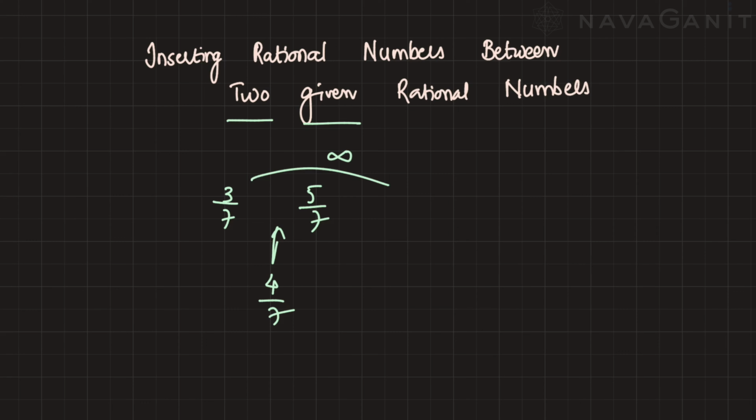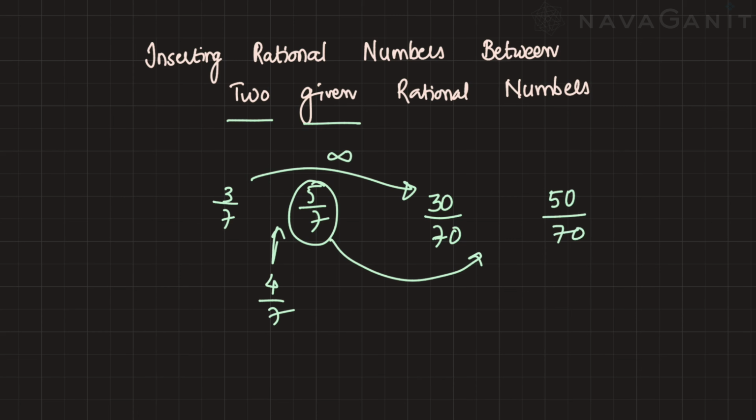So I can write 3 by 7 as 30 upon 70, because we have seen earlier, these are equivalent rational numbers. Similarly, 5 upon 7 can be rewritten as 50 upon 70. Now as you can see, there are a lot of rational numbers between 30 upon 70 and 50 upon 70. Say 31 upon 70, 35 upon 70, 40 upon 70, 45 upon 70.